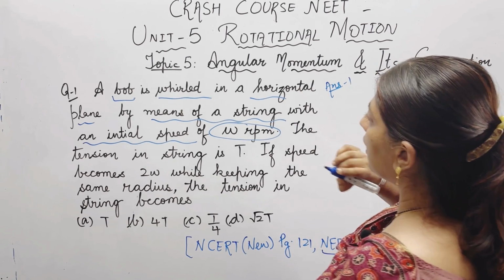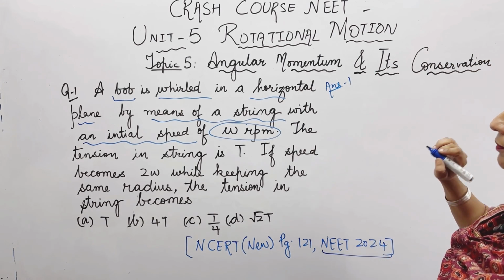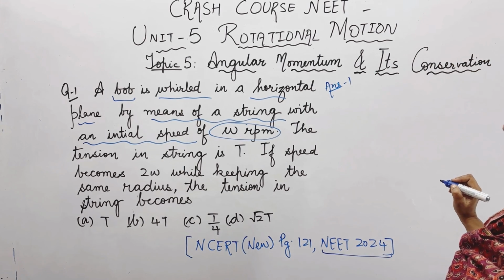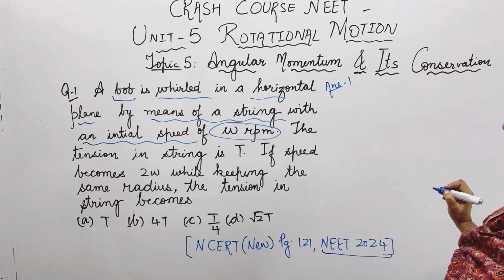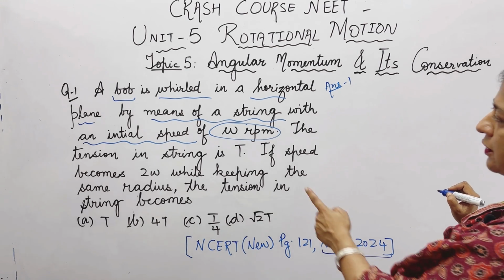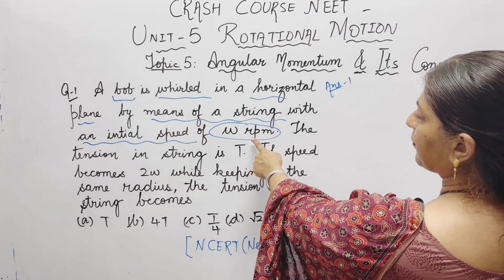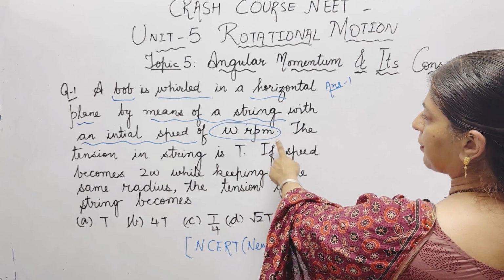In this numerical, it is mentioned a bob is whirled in a horizontal plane by means of a string with an initial speed. It is omega. RPM means the rotation per minute.